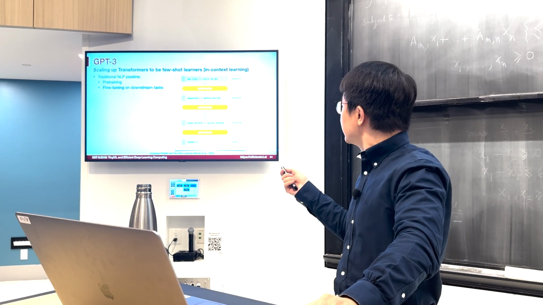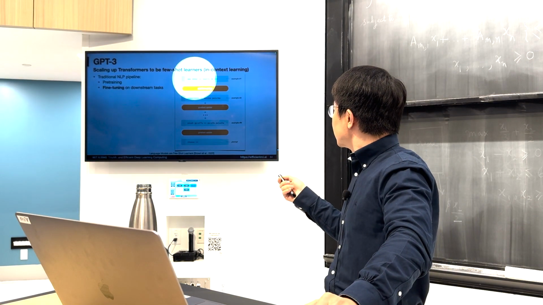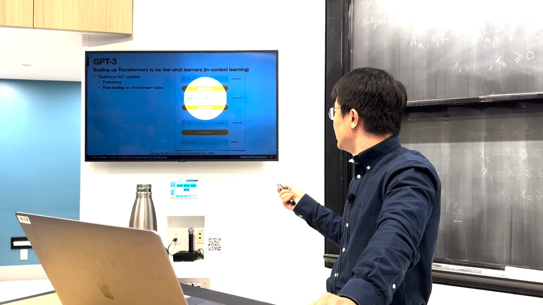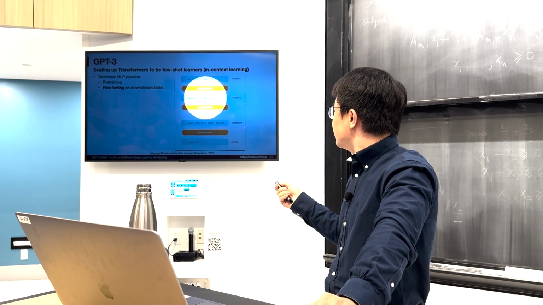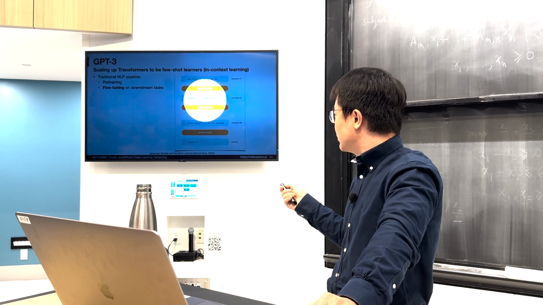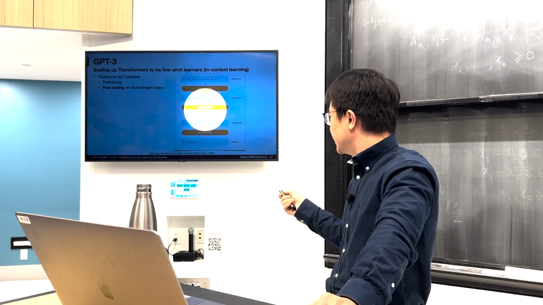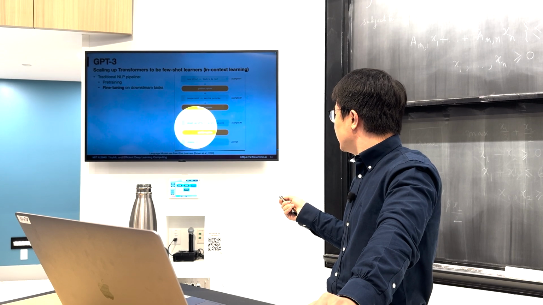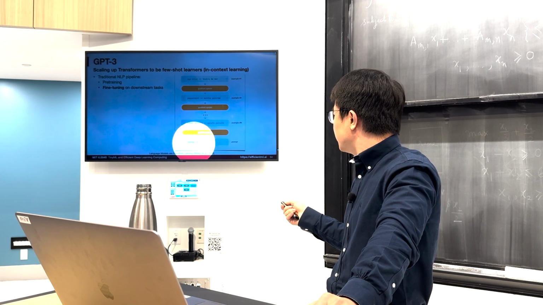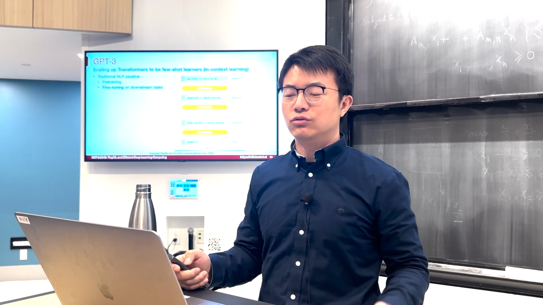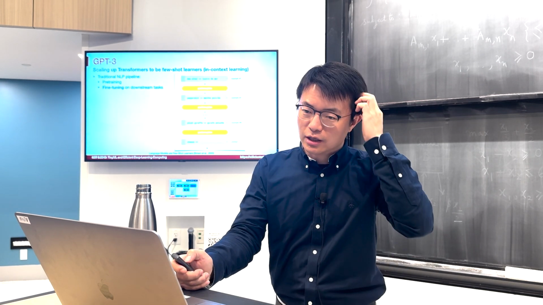For example, translation: we give an example 1, calculate the gradient, update the model, do another iteration, example 2, give it a ground truth between these two languages, do the gradient update, and finally we get a new model, feed it a new prompt, and try to get a new answer. So that's learning through fine-tuning, which requires backpropagation and is pretty expensive.